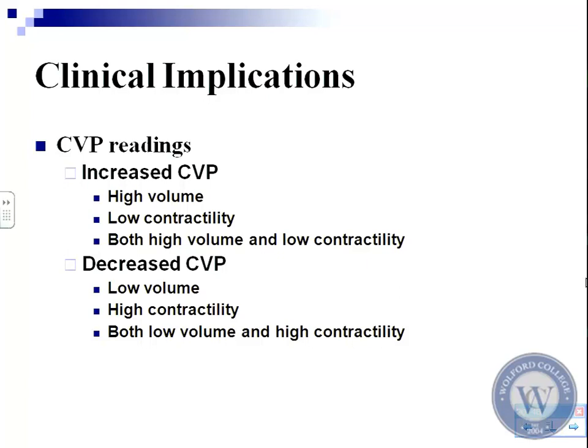But a high CVP could also be from low contractility, or it could be due to both high volume and low contractility. On the other hand, if you have a decreased CVP, it could be from low volume, but it also could be from high contractility, or a combination of both. And this is a perfect way of making a multiple choice question to make sure that you think it through and get that question right.